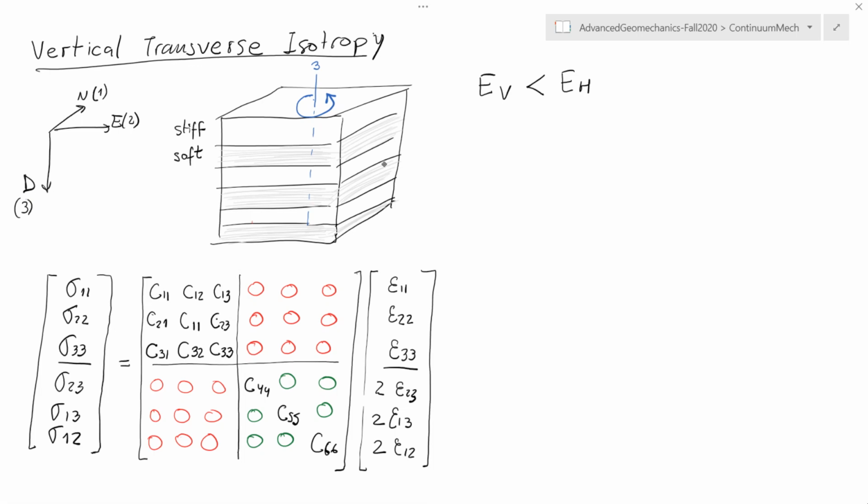It's not going to be the same as in the plane 1 2. Notice that that one is different. So C44 is going to be equal to C55.